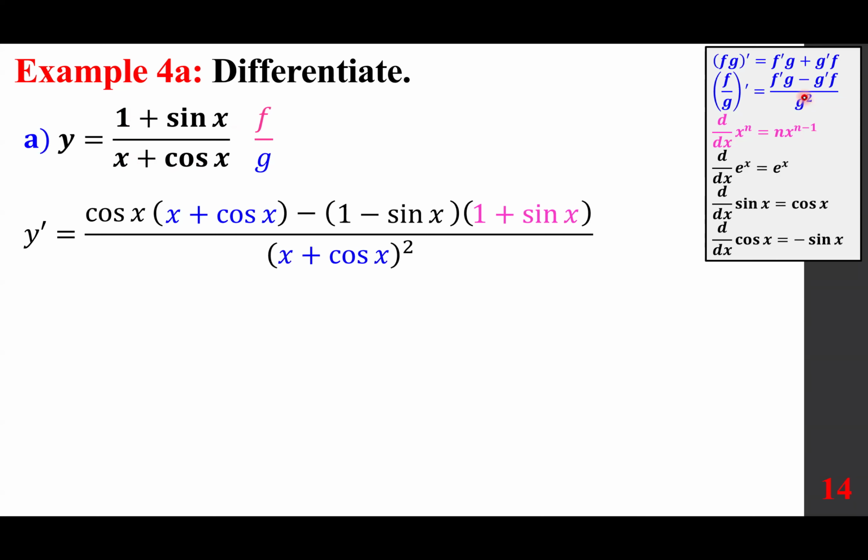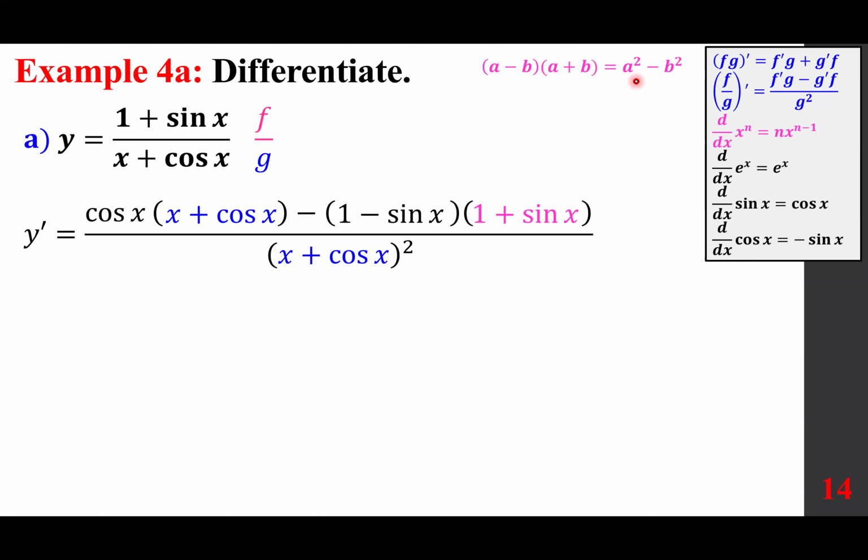And again, we are done with calculus, everybody. We are going to simplify this. Cosine x times x is x cosine x. This 2 is cosine squared minus. This is a minus b, a plus b, reminding you a minus b, a plus b are conjugates.